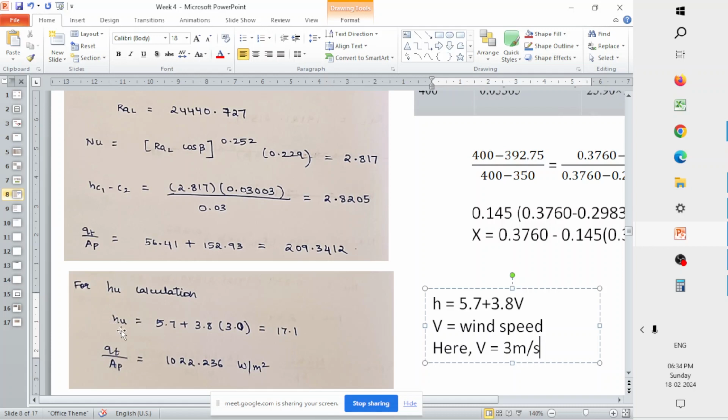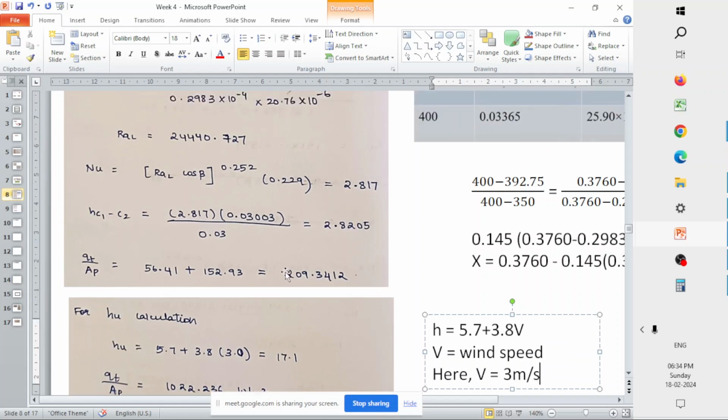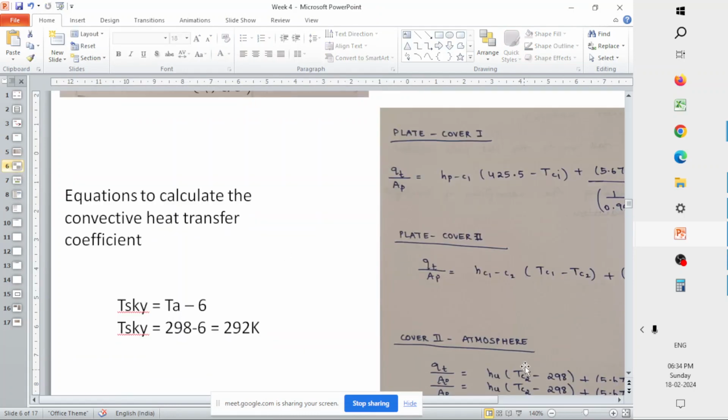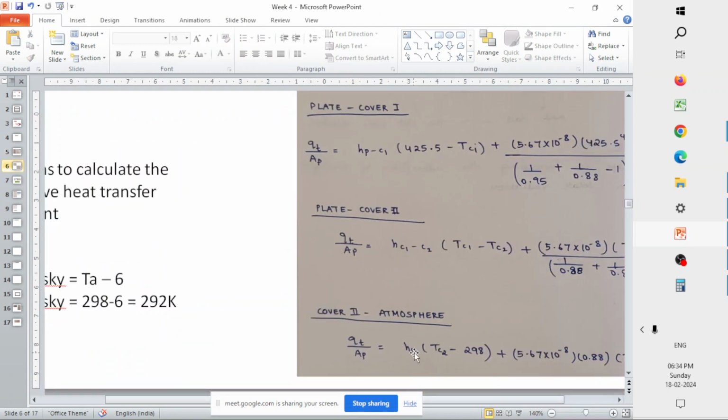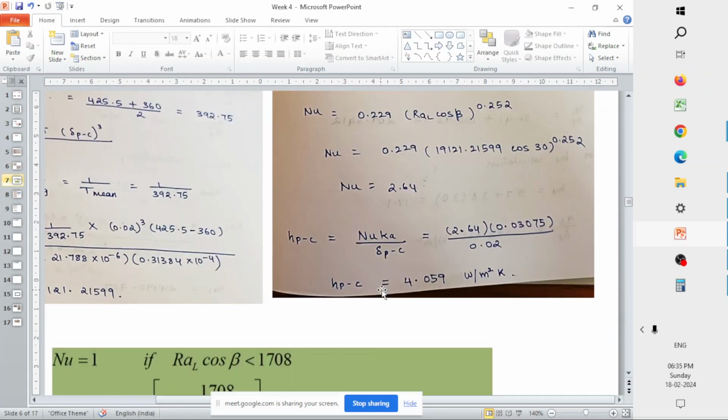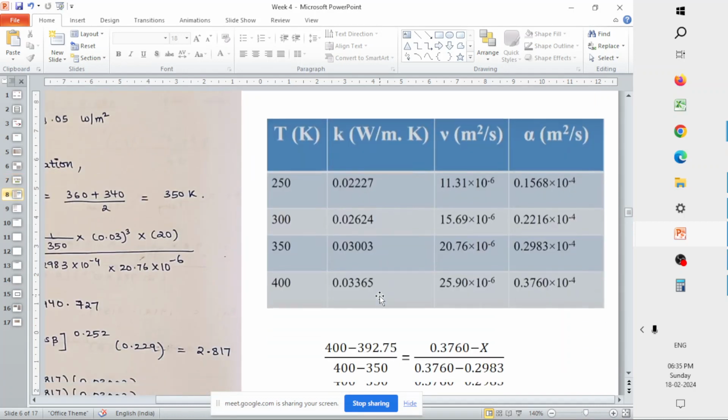So you know HU, so similarly you can plug it into this particular equation between cover 2 and atmosphere. HU is known, and TC2 we have assumed as 340 Kelvin. If you solve this expression, you will be able to calculate the value of QT by AP.